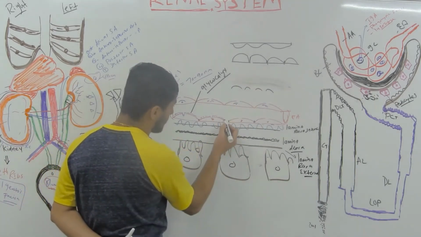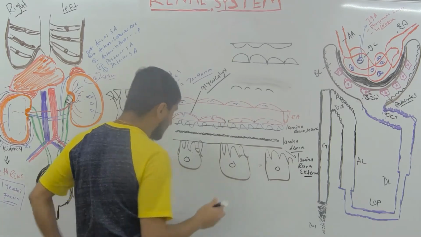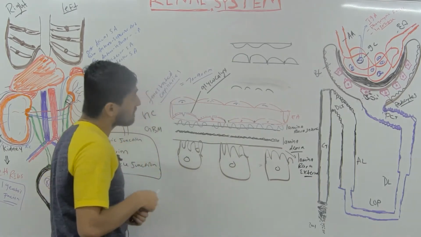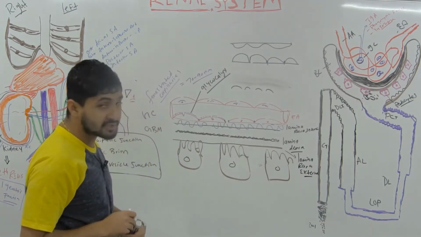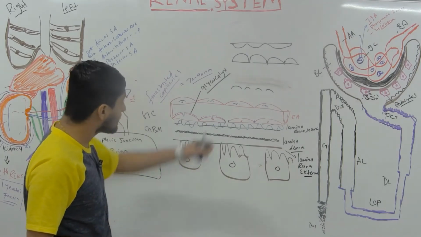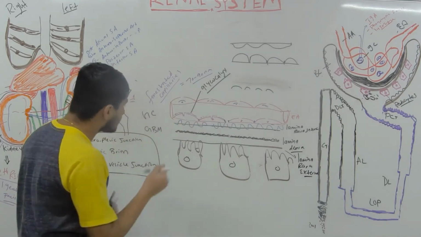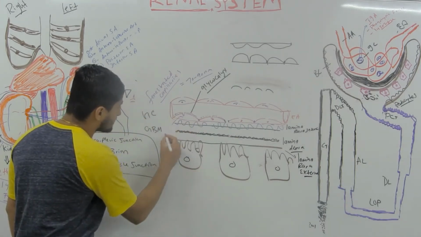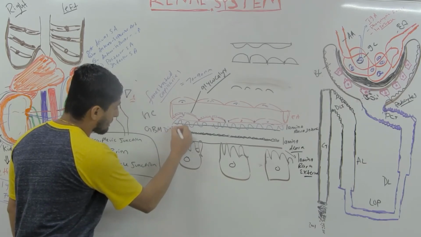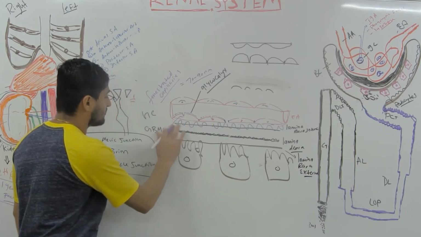In the intercellular cleft, like I made it here, you don't see the glycocalyx. So to distinguish a continuous capillary from a fenestrated capillary, look for the glycocalyx. And this space right here, we call a diaphragm. I don't know why, but they call this a diaphragm, if you want to remember that.